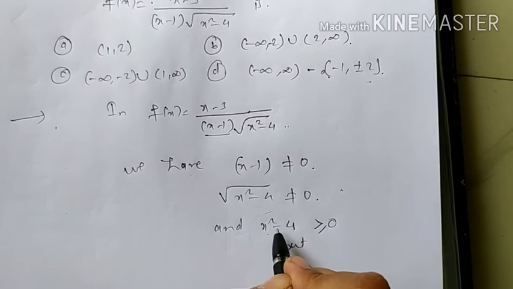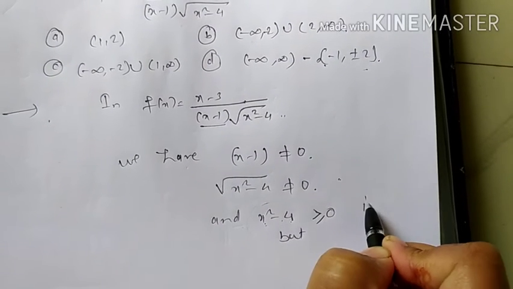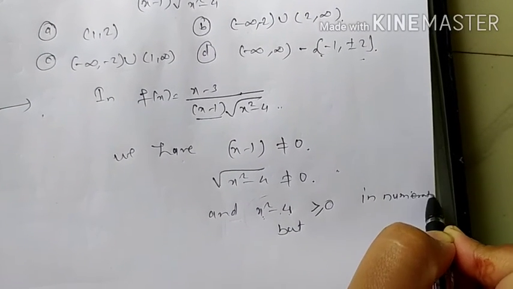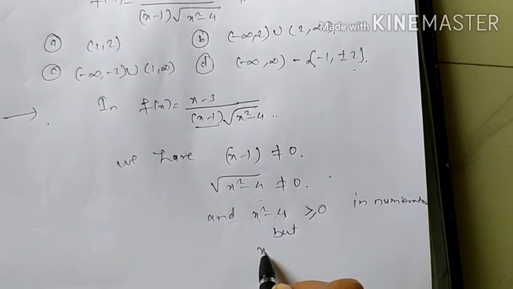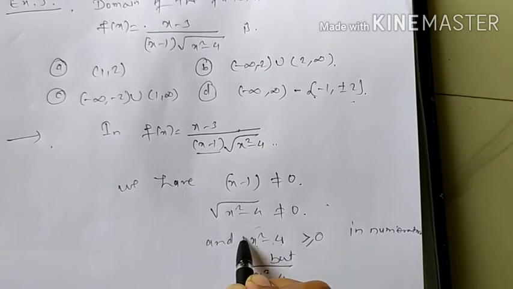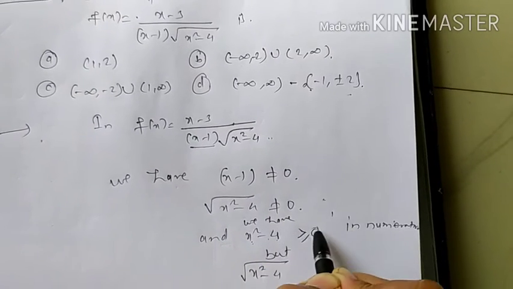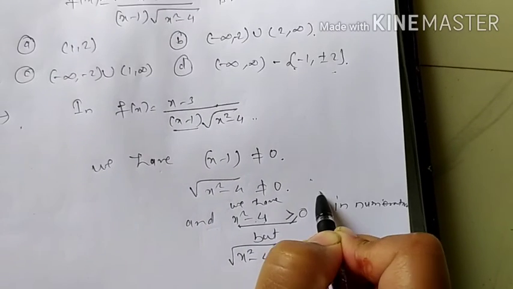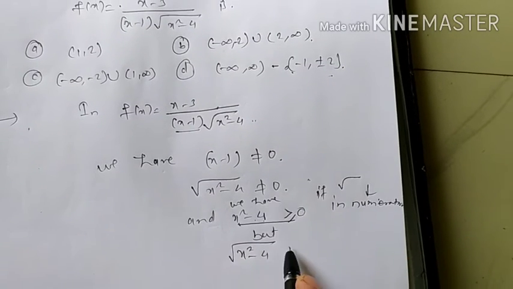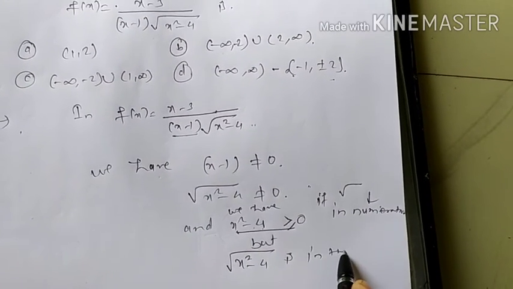Here x² − 4 is greater than or equal to 0 if the square root is in the numerator, but here the square root is in the denominator.